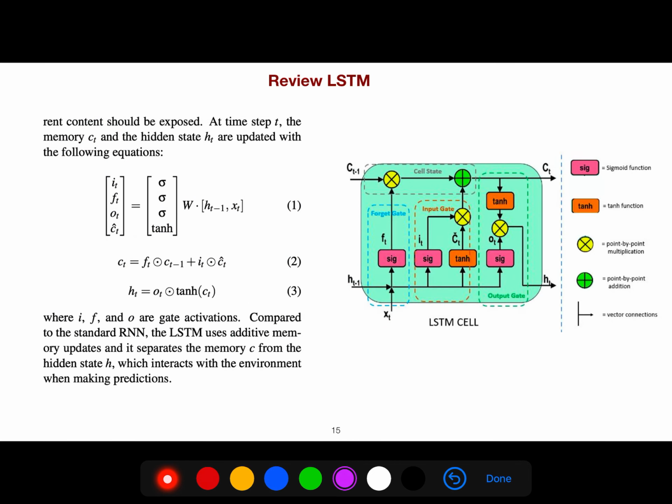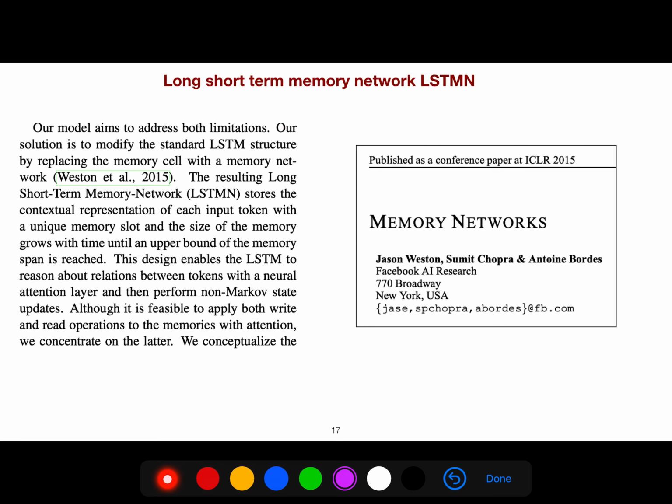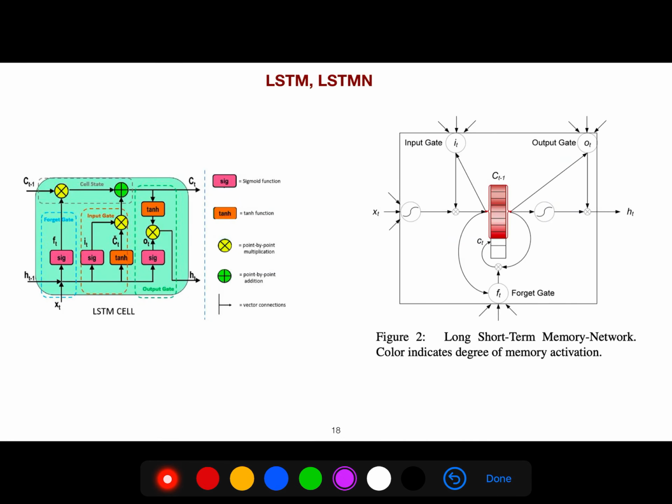I've explained LSTM in some videos, so I skipped this one. And LSTM is different from the LSTM-N network, by the way. In this article, I've explained memory networks in a different video, so I can skip this one.